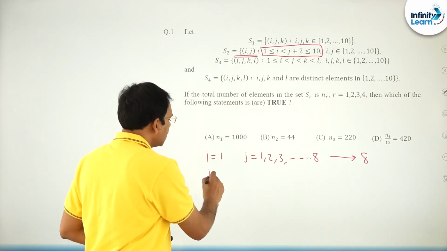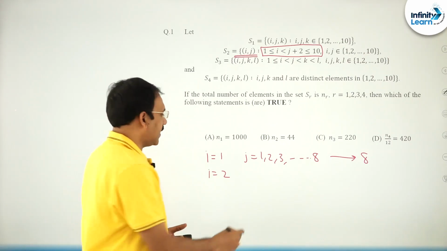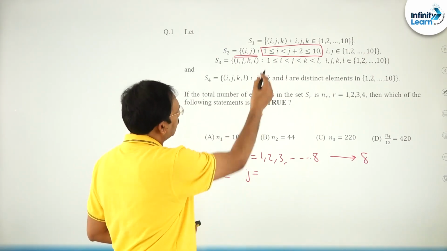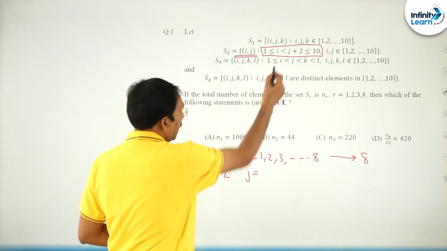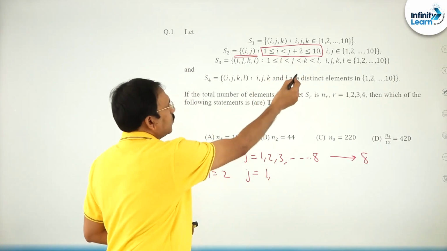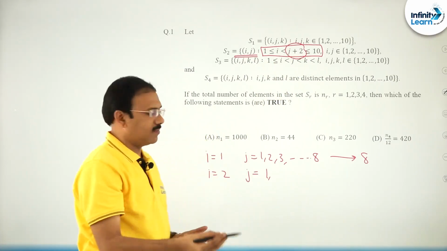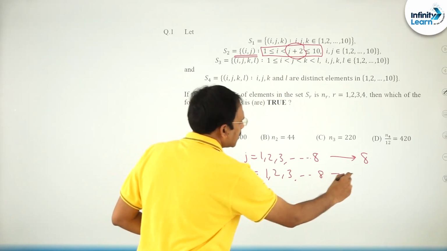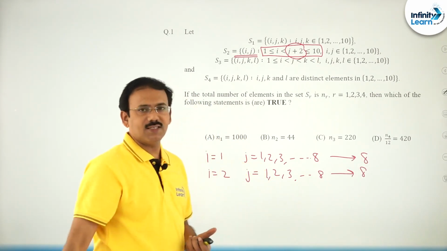So you will get 8 possibilities here. Now if I is equal to 2, j can also be 1, because 1 plus 2 will become 3, no problem. So j is 1, 2, 3 and so on up to 8, so another 8 possibilities.